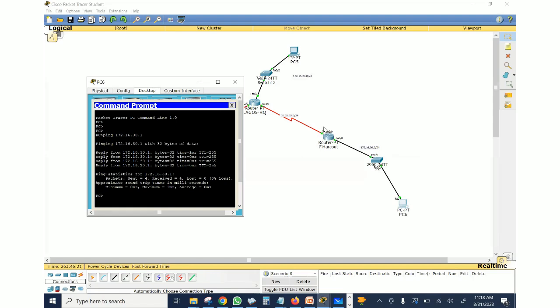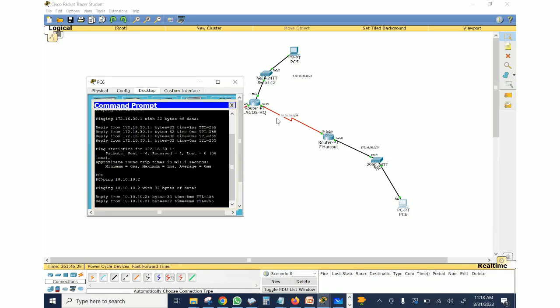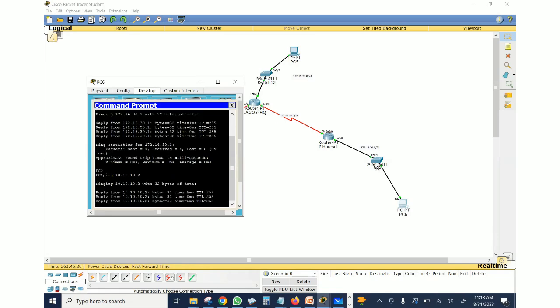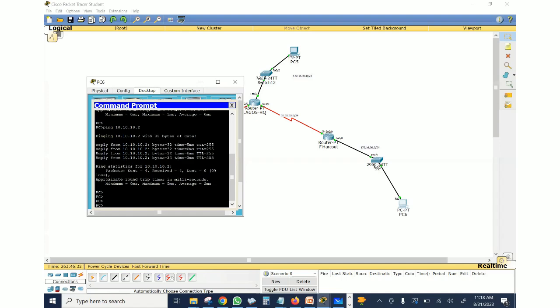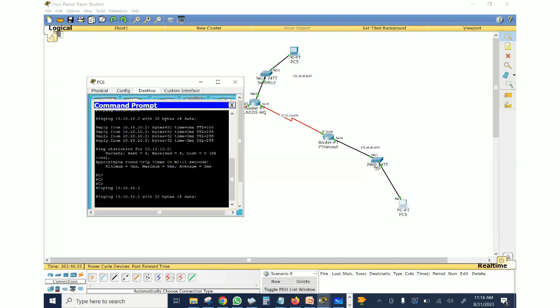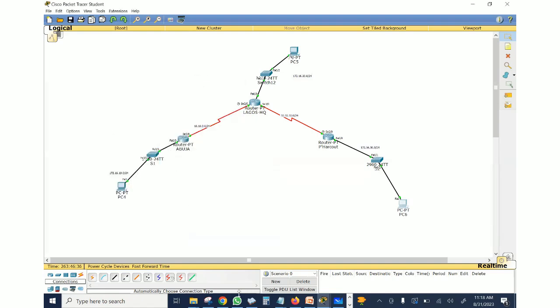Let's see if it can reach this place, 10.10.10.2. Of course, it's going, but it can't get to this place. Let's go and confirm. It cannot. So everybody can only reach their directly connected network.